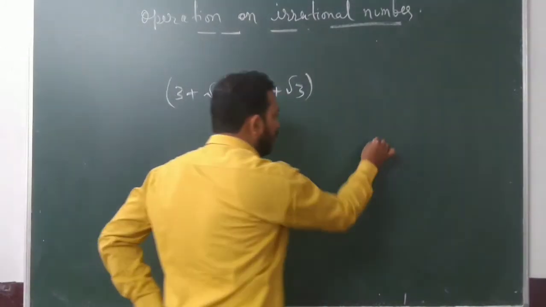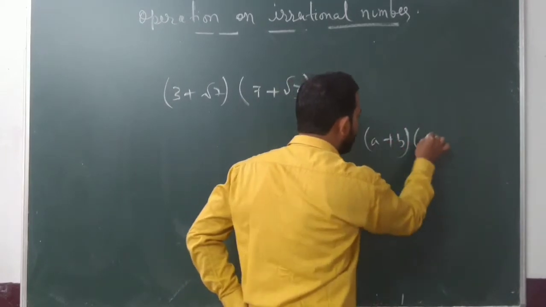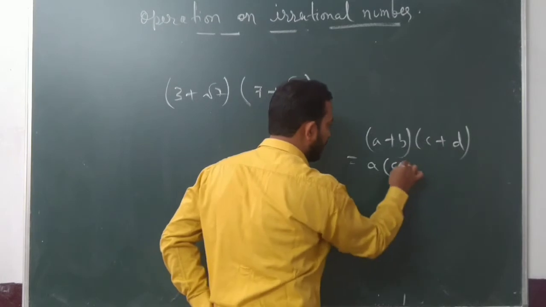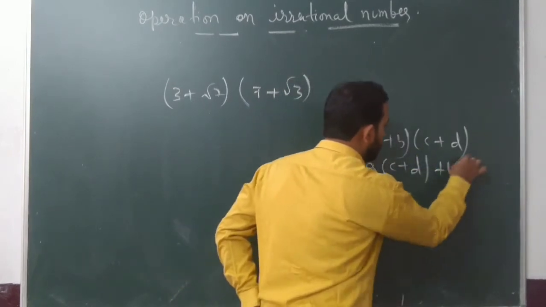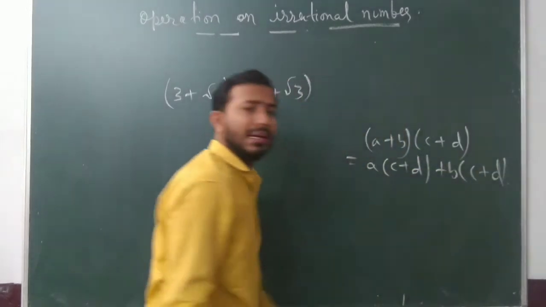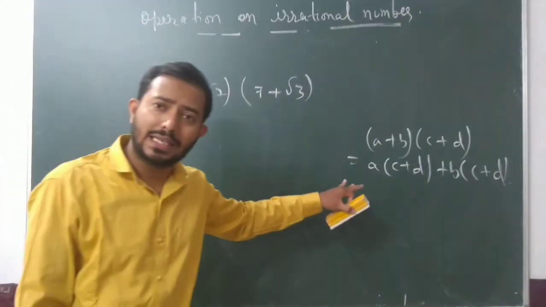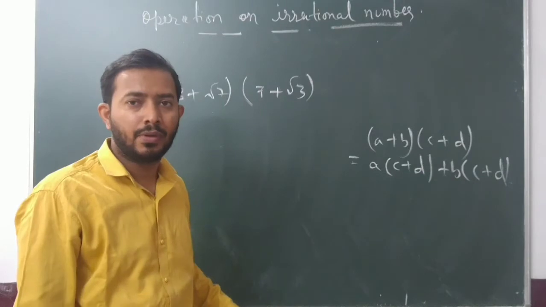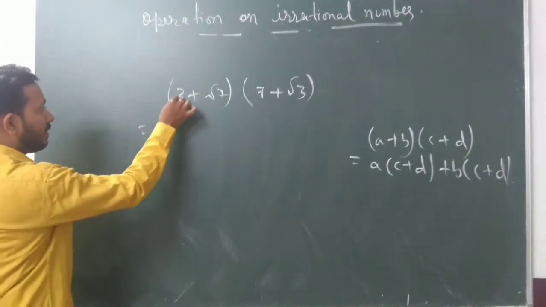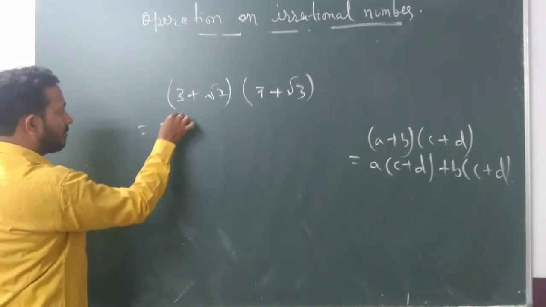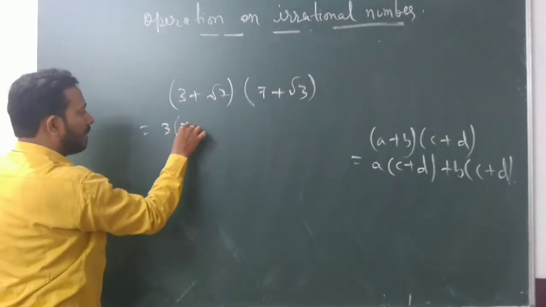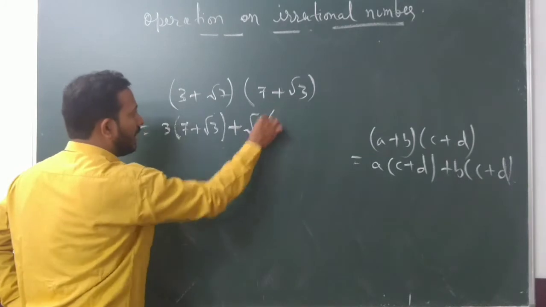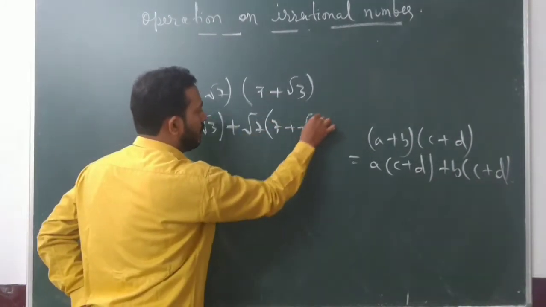The way we have done A plus B into C plus D, like we take A and then C plus D, and B, C plus D. The same concept we learned in class 8 for algebraic multiplication will apply here. First our target number 3, we'll take 3 here and the whole bracket, 7 plus root 3. Next, plus root 7 and the bracket 7 plus root 3.